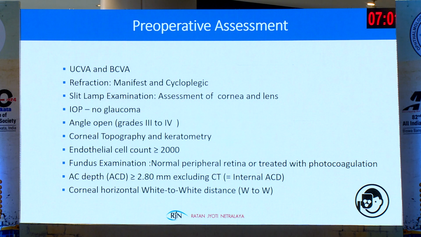Like in any other refractive procedure cases, we do a complete workup.